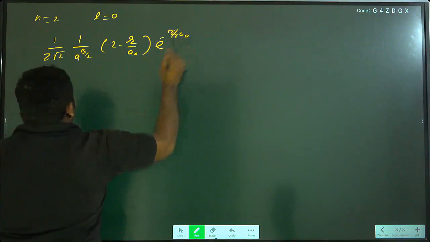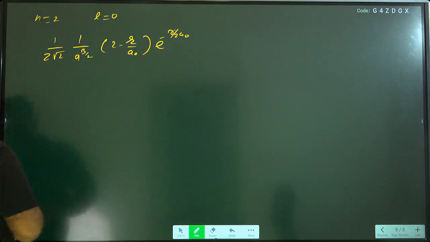This is for n is equal to 2, L is equal to 0.